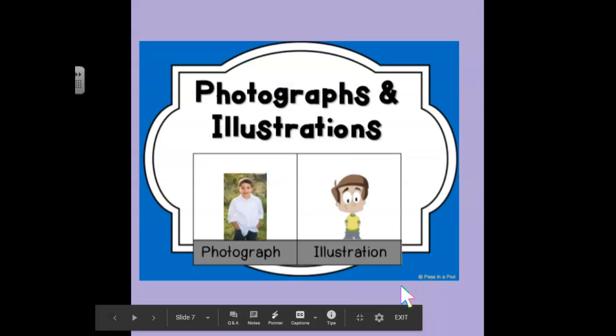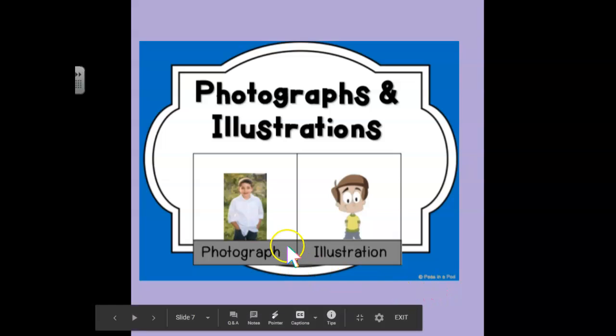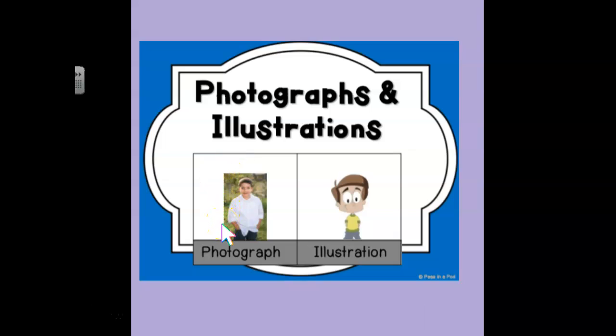All right, nonfiction books can use photographs or illustrations. All right, boys and girls, which one uses a camera to take very clear pictures? That would be the photograph. A photograph gives you a real life look at what something actually looks like. It's a very clear idea of what something really looks like.